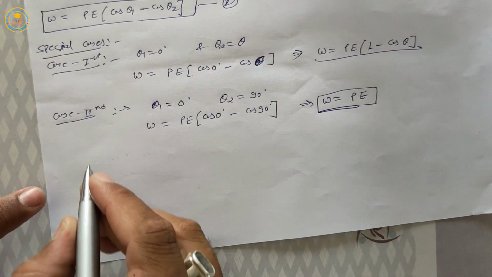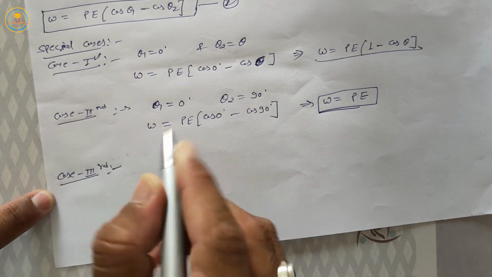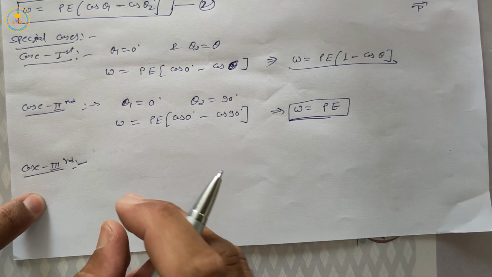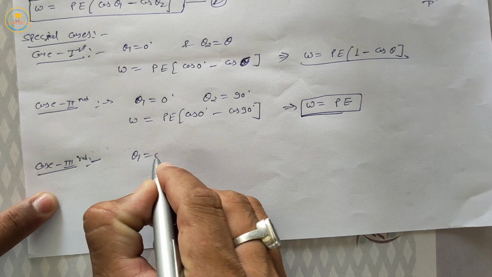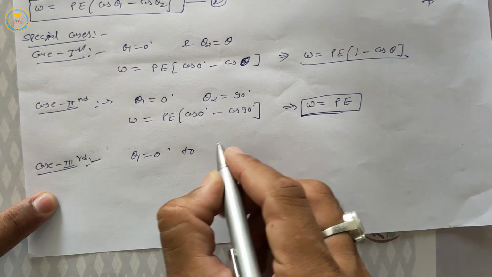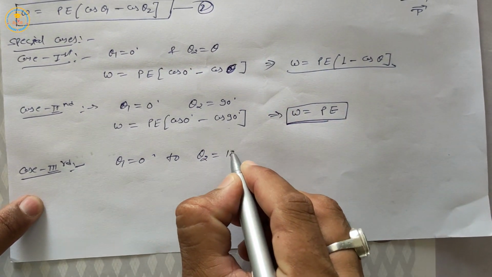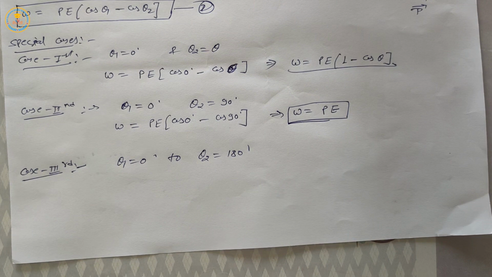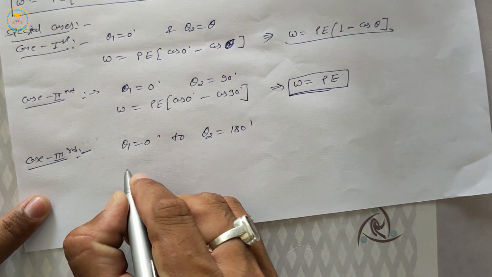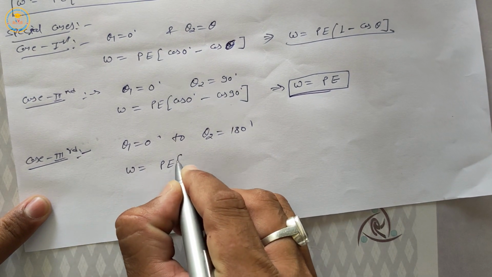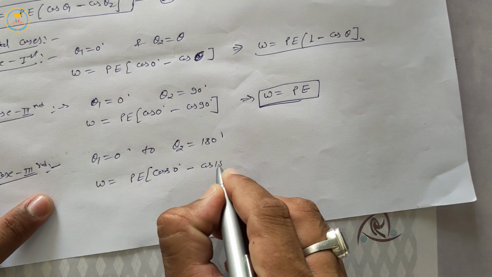Now, case third. We rotate the electric dipole from stable equilibrium, meaning theta 1 is equal to 0, to opposite to the electric field, meaning theta 2 is equal to 180 degree. So W is equal to PE (cos 0 minus cos 180 degree).